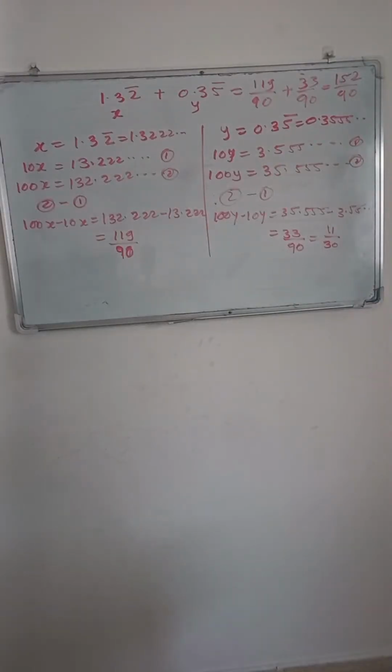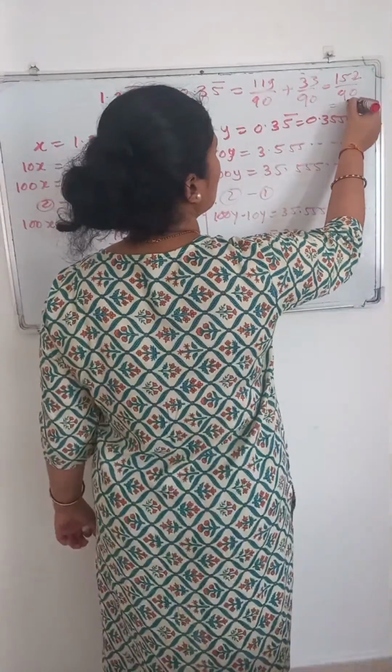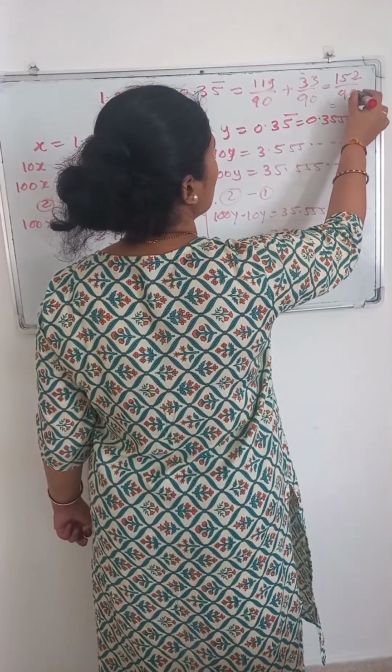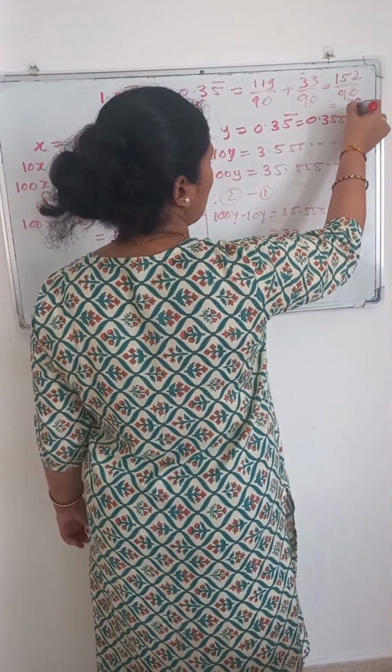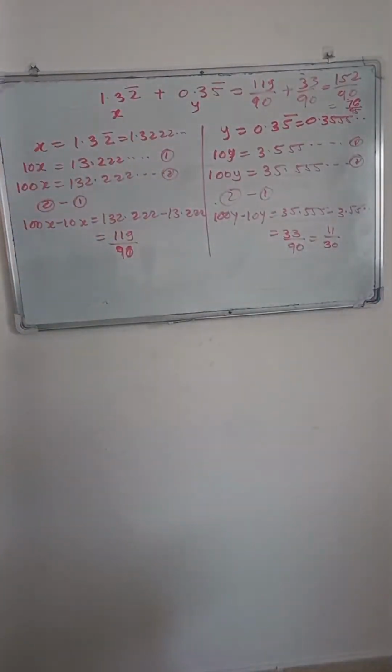If you simplify further by 2 also, you will get the answer. So if I divide by 2 here, then 2 sevens are 14, 2 sixes are 12, and here you will get 45. Okay, so your answer is 76 by 45. Okay, copy this.